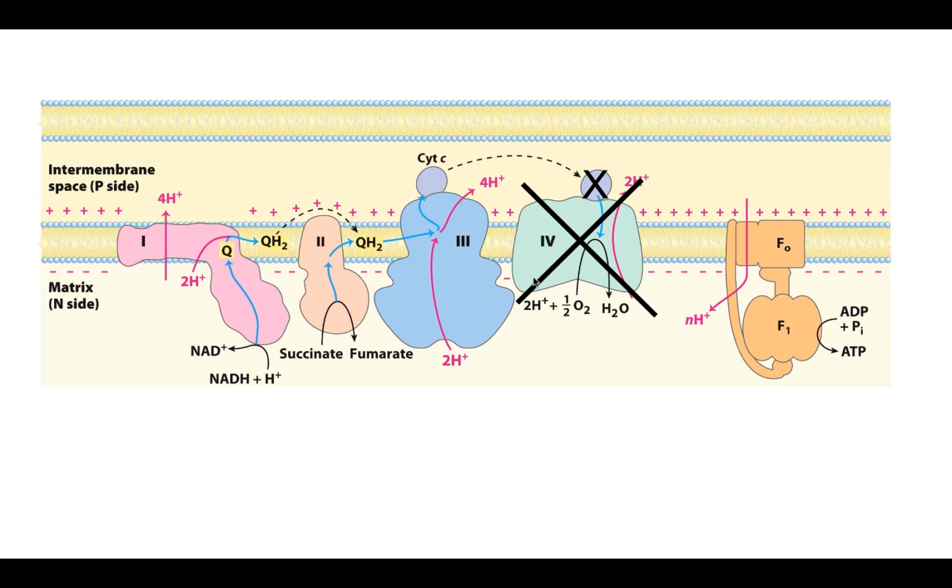So all of this stops, which means we're no longer pumping protons into the intermembrane space, which means there is no more proton motive force that can be used by ATP synthase to make ATP.